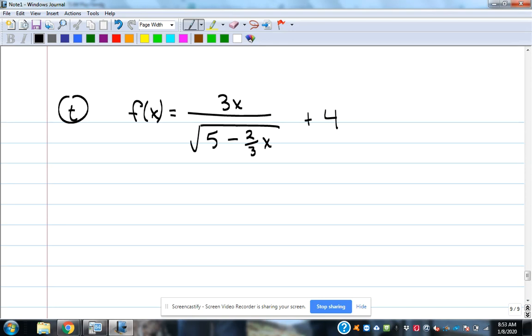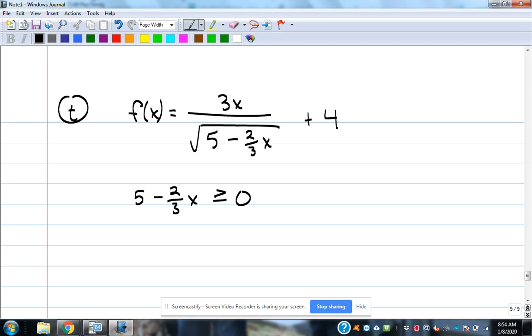So when we look at that and think about finding the domain, we're going to set 5 minus 2/3 x. If it's just a square root, we set it greater than or equal to 0. But because it's in the denominator, what changes about that? What part can it not be? It can't be 0.